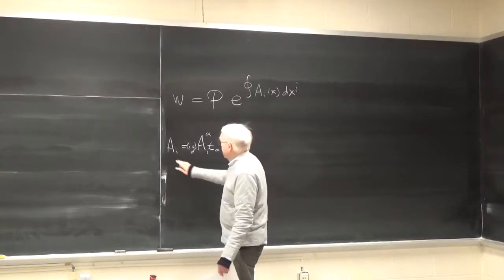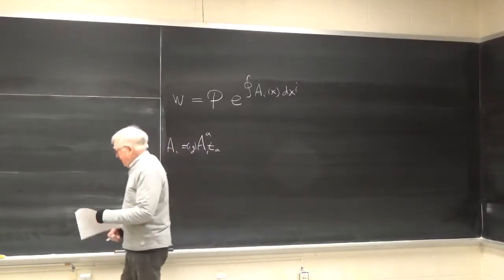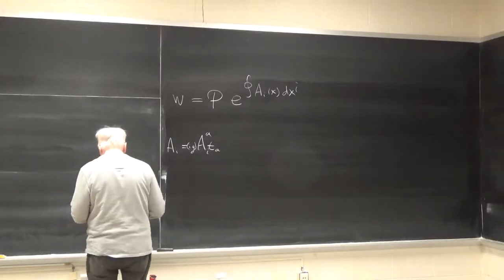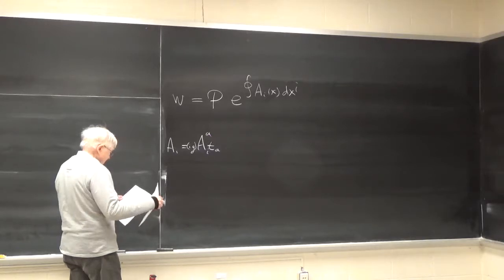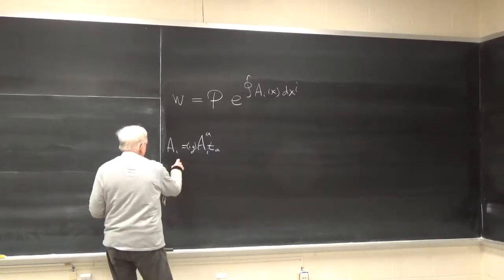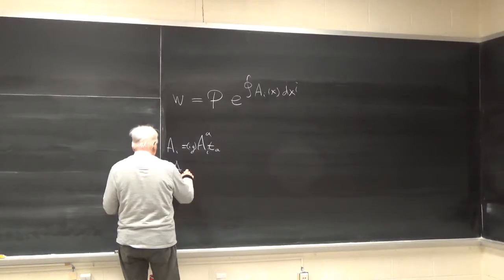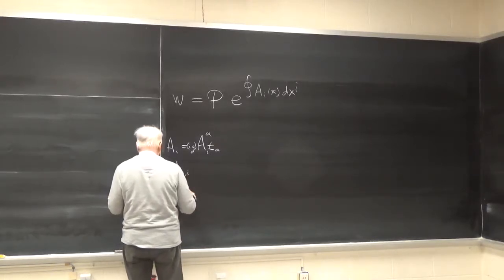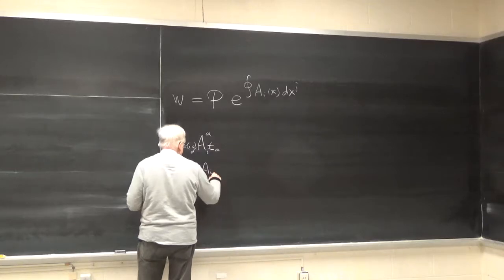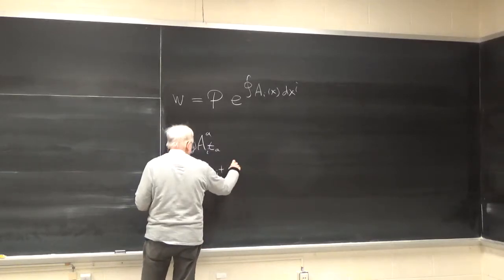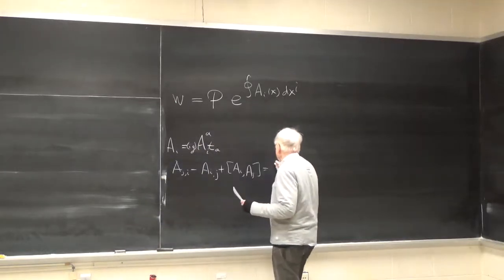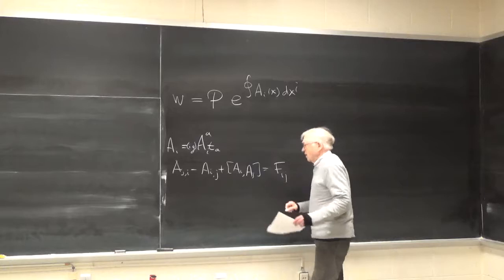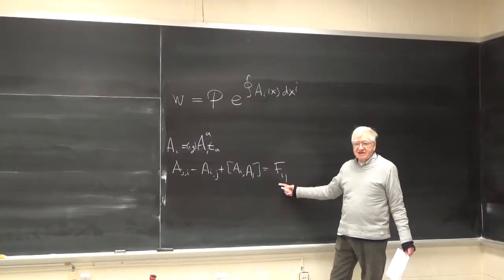So let's just say that it is whatever we need in order that A_j,i minus A_i,j plus the commutator of A_i and A_j should be F_ij, where this is the Faraday tensor for the non-abelian gauge field.